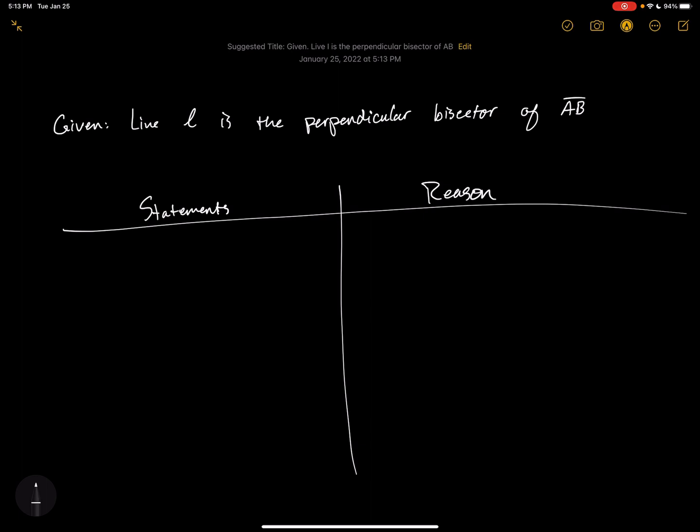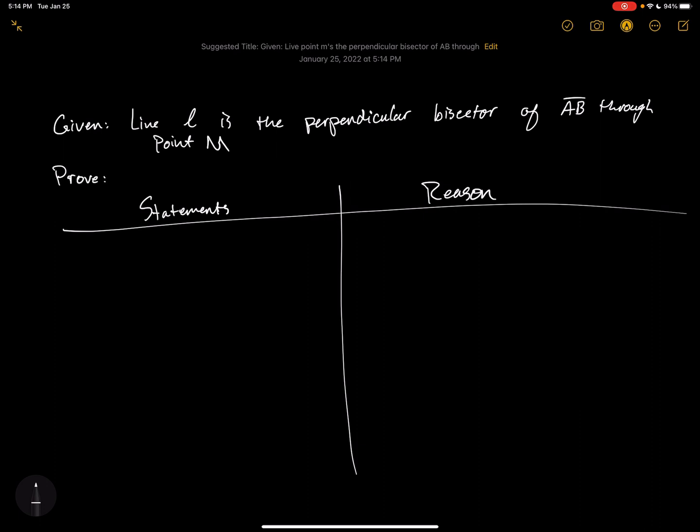And this is through point M, right? Through point M. Oops, let's say M. All right, and now what I also want is to have my goal in mind.